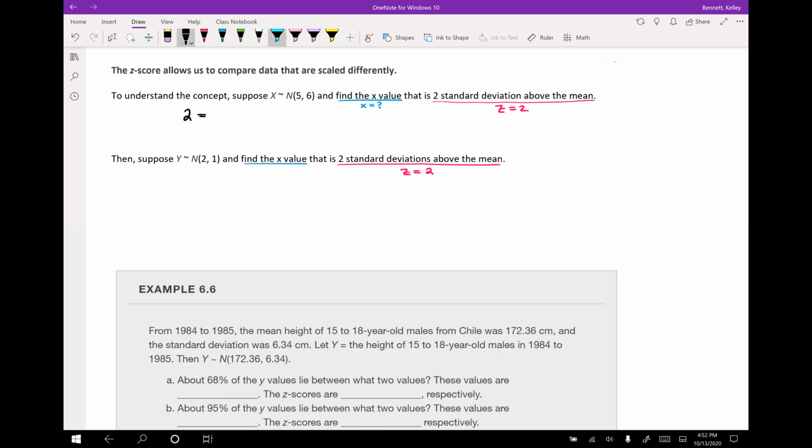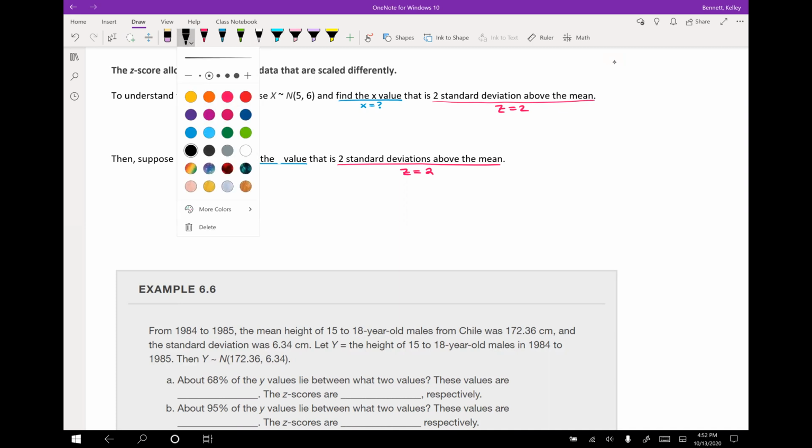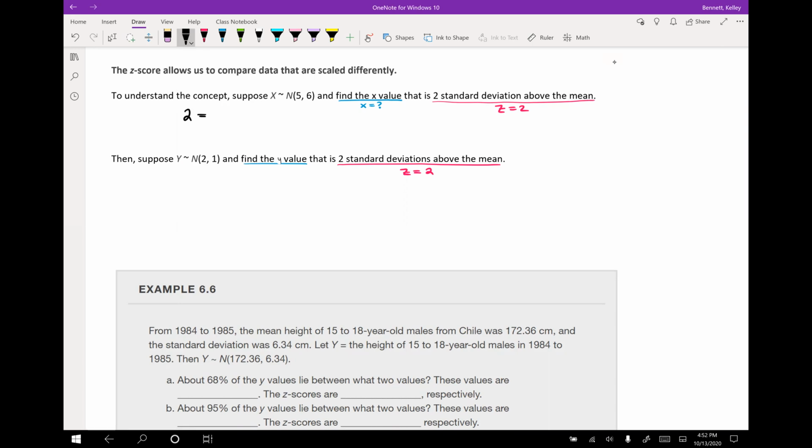I'm going to turn this into a y. Right, so we don't know. So 2 equals x. I don't know what x is, but I do know mu.